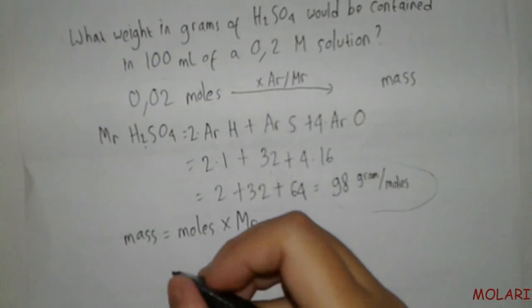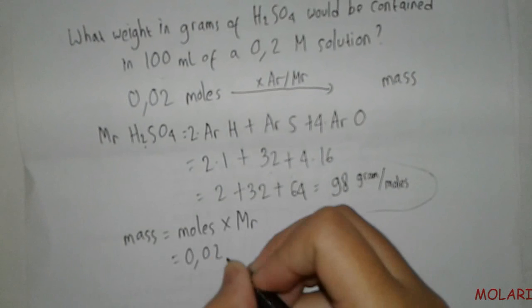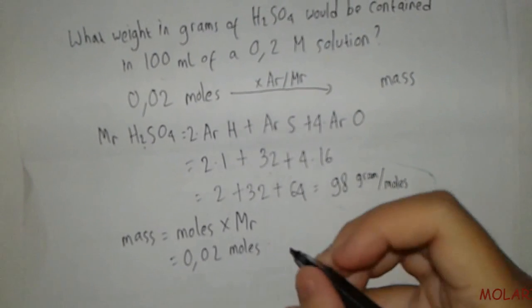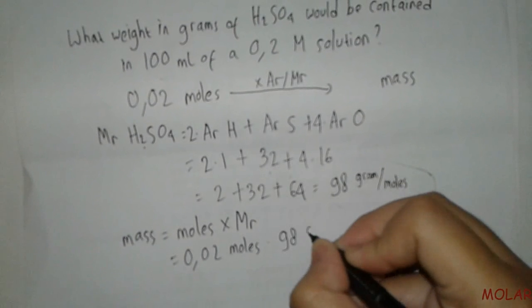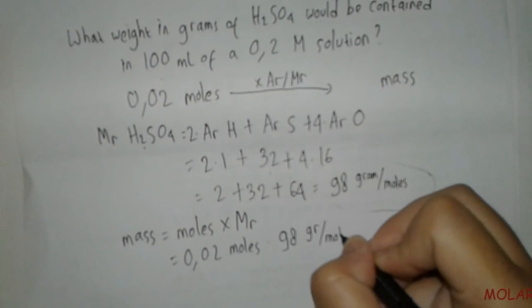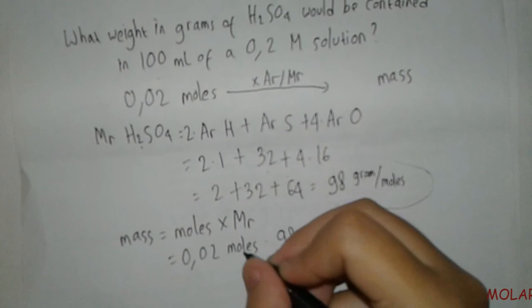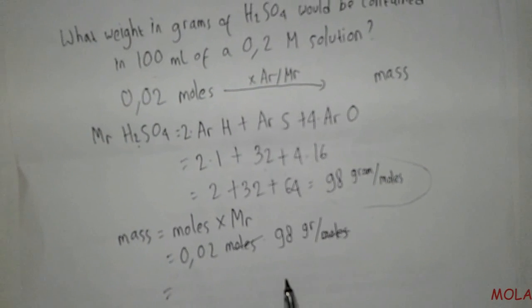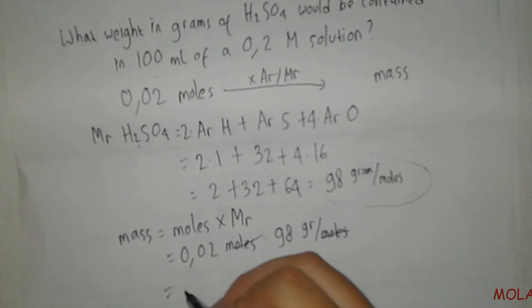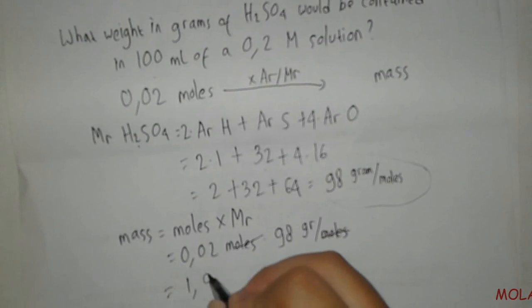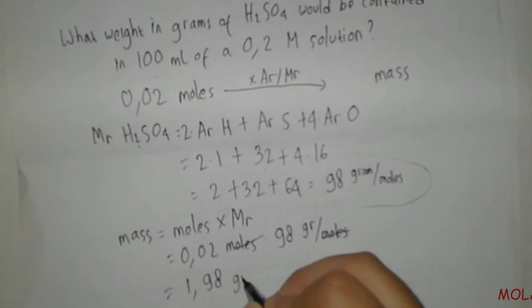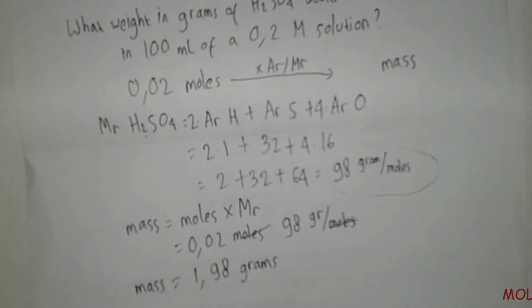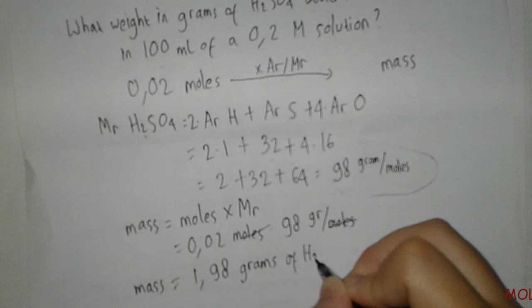The moles is 0.02 moles, and the molecular relative mass is 98 grams per mole. Multiplying them, 0.02 times 98 gives 1.96 grams of sulfuric acid, of course.